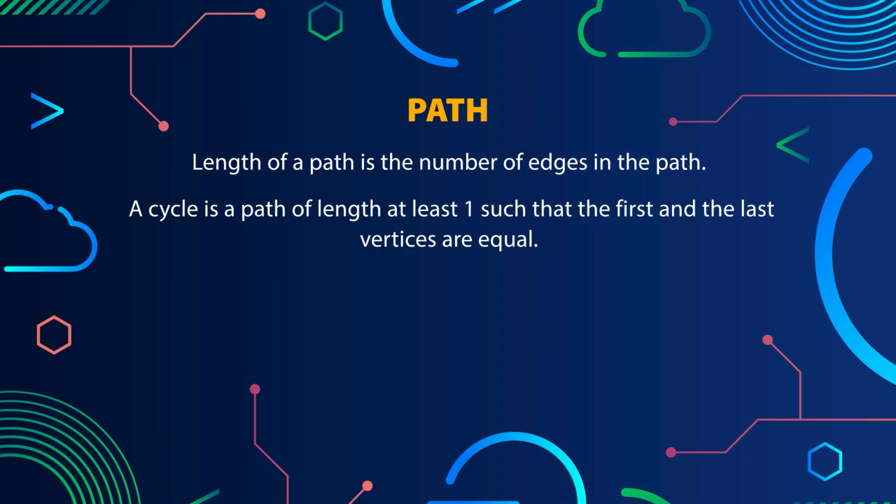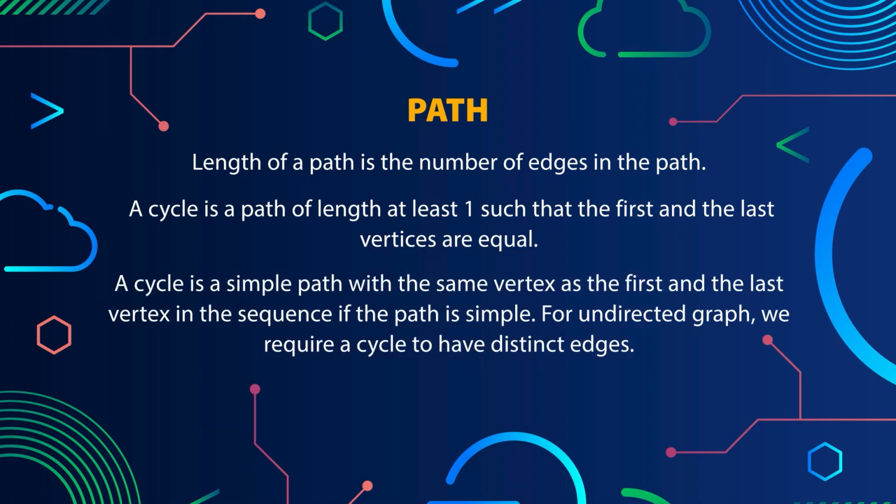A cycle is also a path, of length at least one, such that the first and last vertices are equal. A cycle is a simple path with the same vertex as the first and the last vertices. If you see, a cycle is also there in the previous example, from 0 to 1, 1 to 2, 2 to 0. Here the first and last vertices are repeated in the cycle. That is why the definition says a cycle is a simple path with the same vertex as the first and last vertices in the sequence.